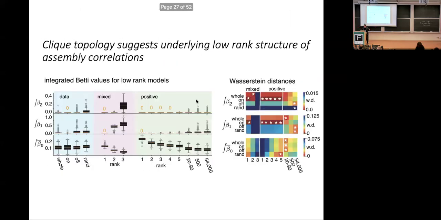Each assembly was active for, on average, 500 time points. So out of 50,000, only about 500 of those were when the assembly was active. When I was doing the correlation matrices during activation, I would take all of the on time points and just use those time bins.